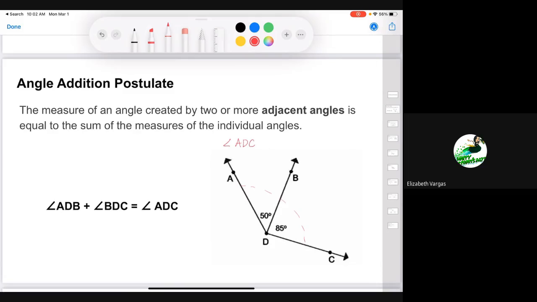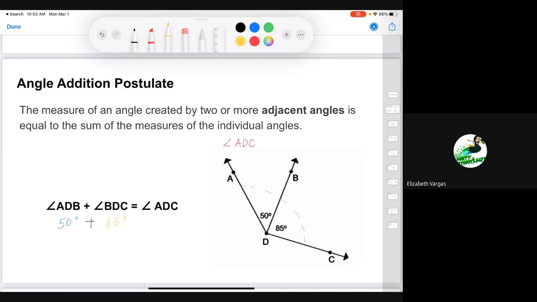ADC, what we could go ahead and do is use the angle addition postulate, which tells us that we can add our two individual angles together to find the entire angle. So that would look like ADB is equal to 50 plus BDC is equal to 85.